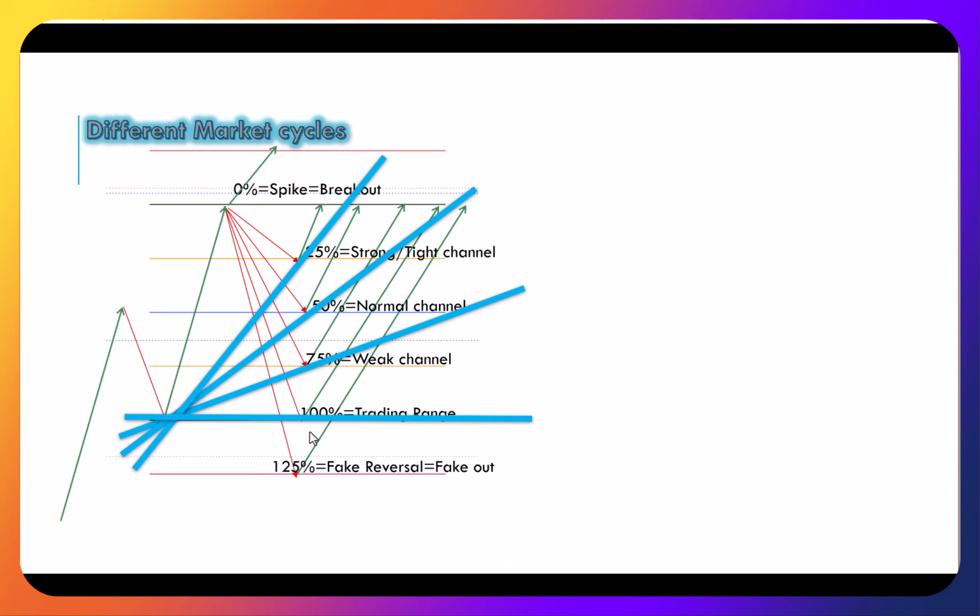Why? Because these three give you a higher reward compared to the risk you put in, because whenever the price is going, it usually goes to this swing, which is made by price.